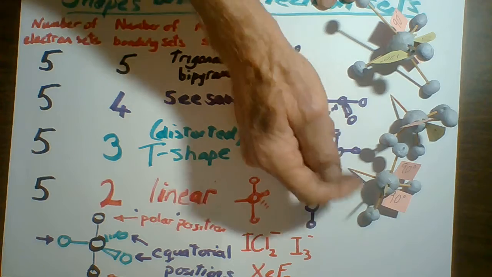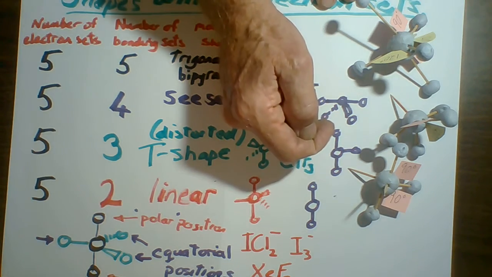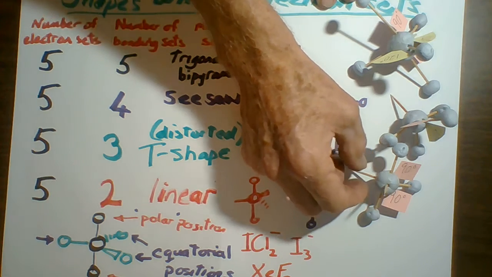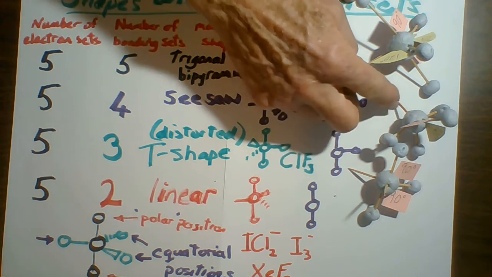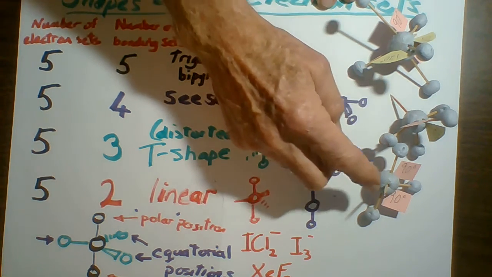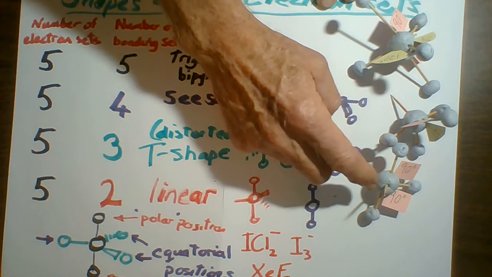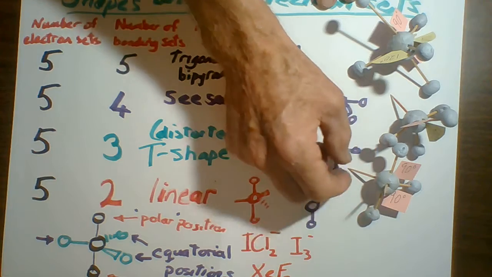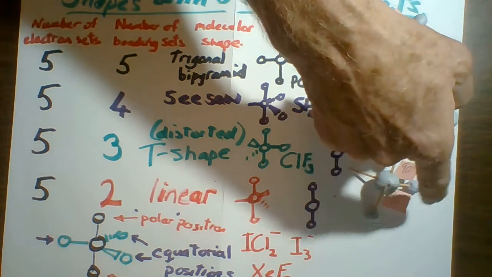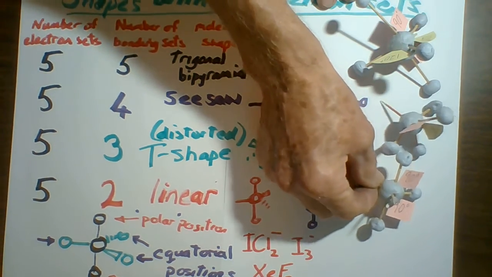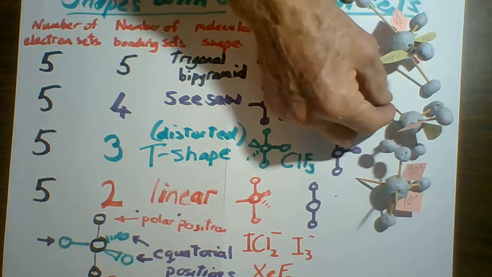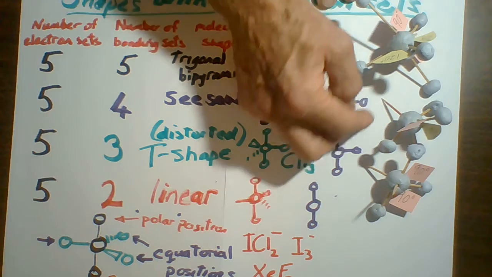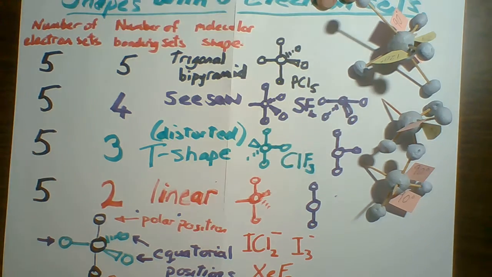We still have the two polar bonds and only one equatorial bond. The bond angle there is 90 degrees. However, in both the seesaw and the T, the extra push of those non-bonding pairs will distort those quite a lot. It will force those angles down below 90, and on this one both of those angles will be pushed closed a little bit by this non-bonding pair here.